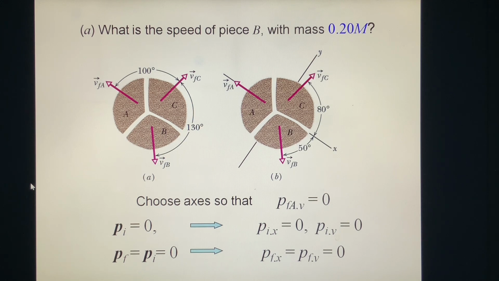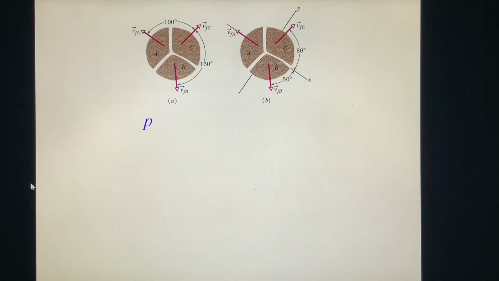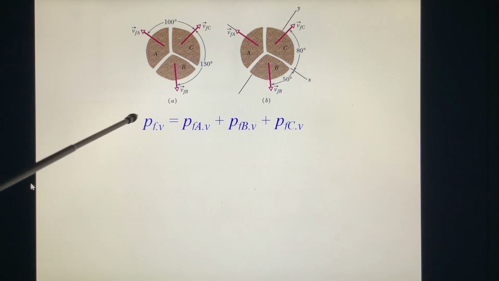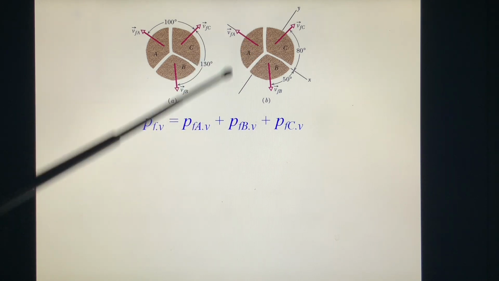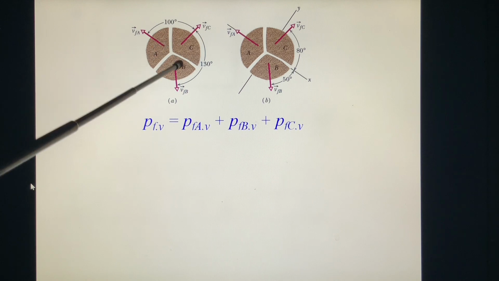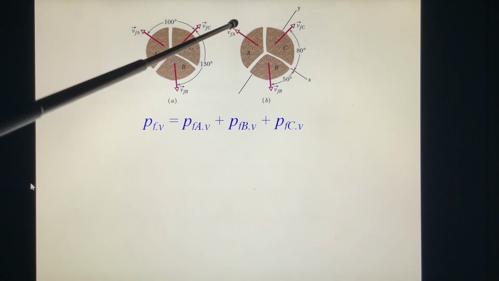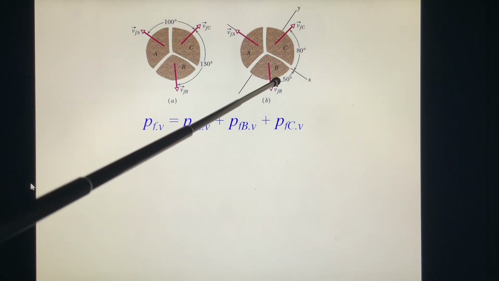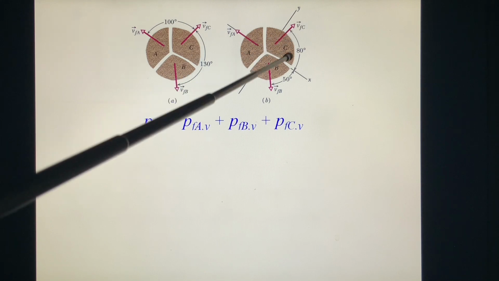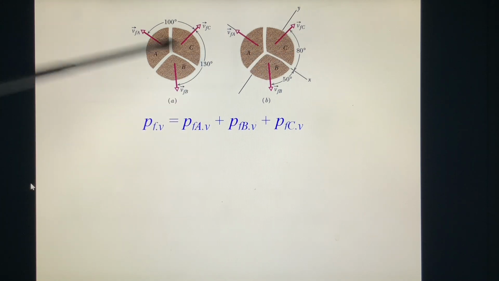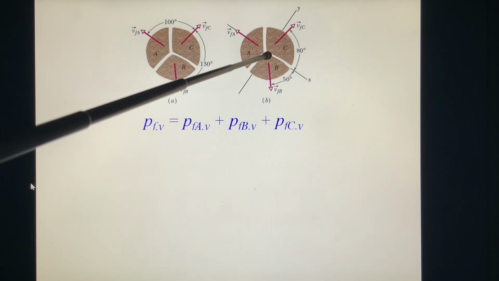Now we get to pieces A, B, C. Based on the conservation of linear momentum, P final y equals P initial y equals 0, right? And for P final y, in the final state you have three pieces: P final A y, P final B y, P final C y. A y is 0 because we choose the reference.